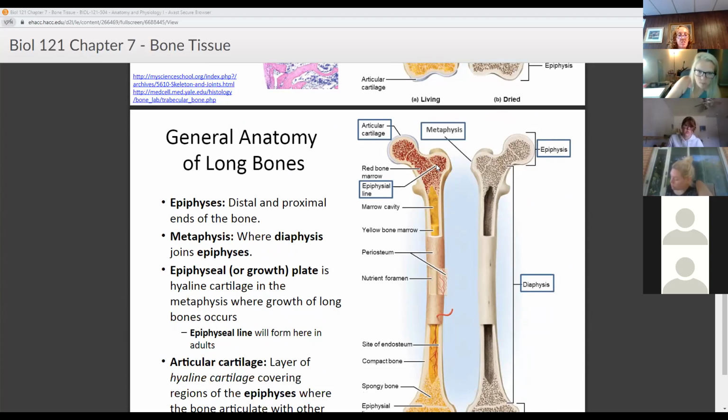The diaphysis is the inner shaft area. The metaphysis is where the epiphyses and the diaphysis meet up. Lots of physes words here. So epiphysis, metaphysis, diaphysis.